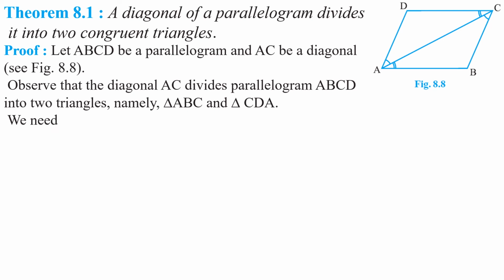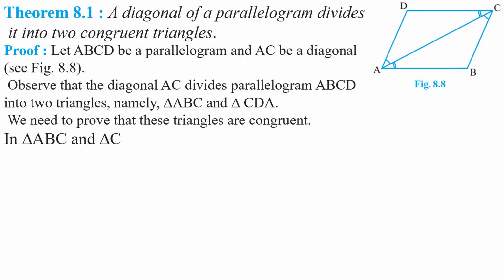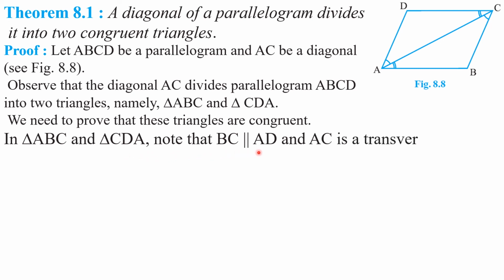Right. We need to prove that these triangles are congruent. Okay, my children? Right. Now let us compare the parts of these 2 triangles. In triangle ABC and triangle CDA, note that BC is parallel to AD, and AC is a transversal.